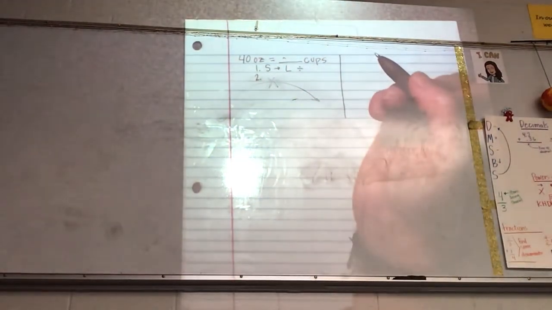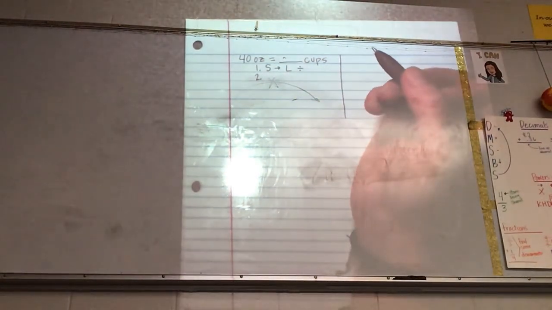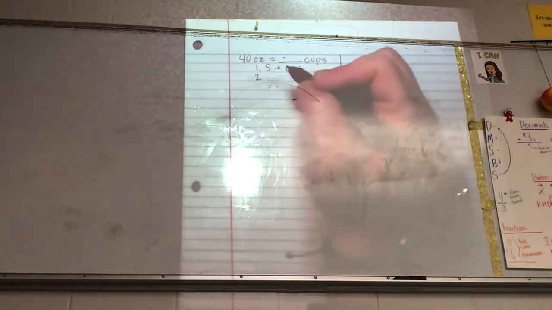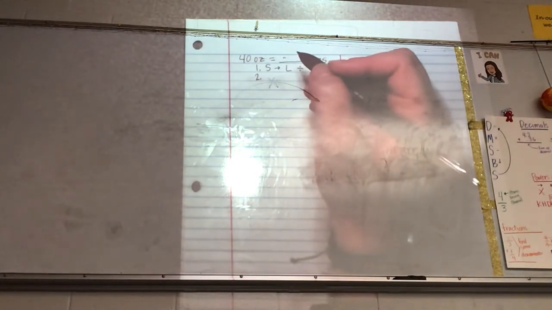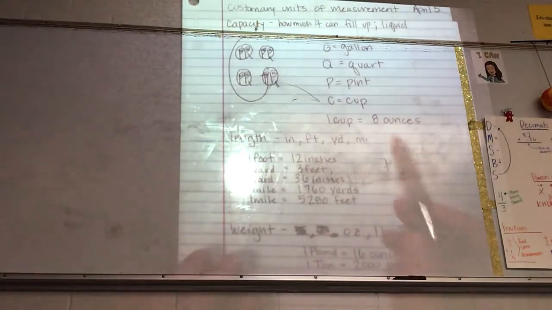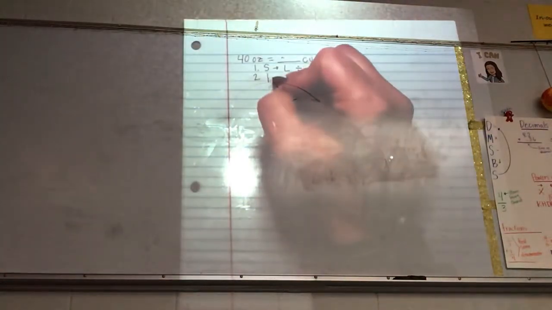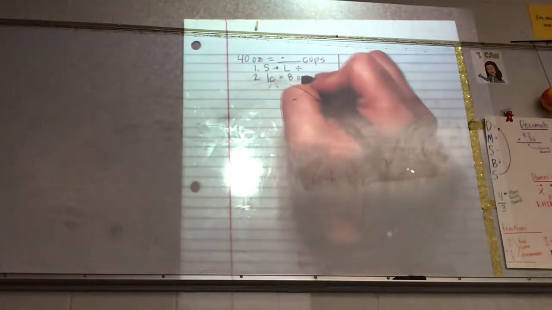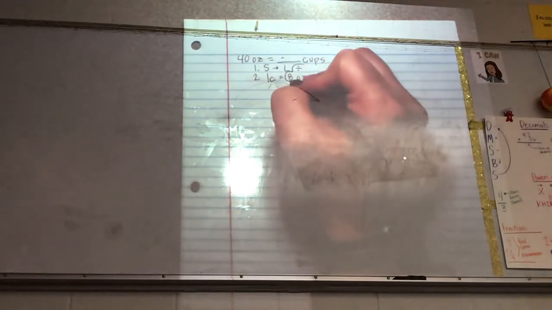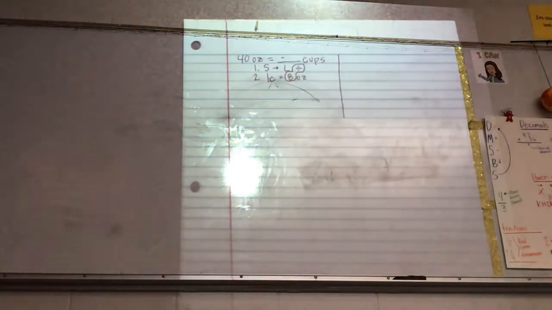Okay, and step 2, Aaliyah, what did you write for step 2? You go to your handy-dandy conversion chart, and you look for cups and ounces. What do we know? 1 cup is 8 ounces. So we are dividing by 8.